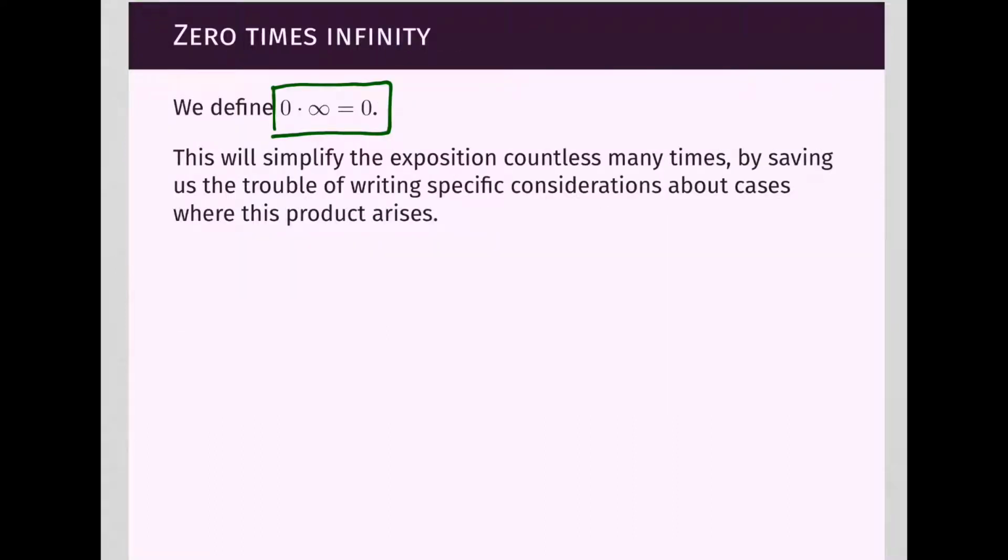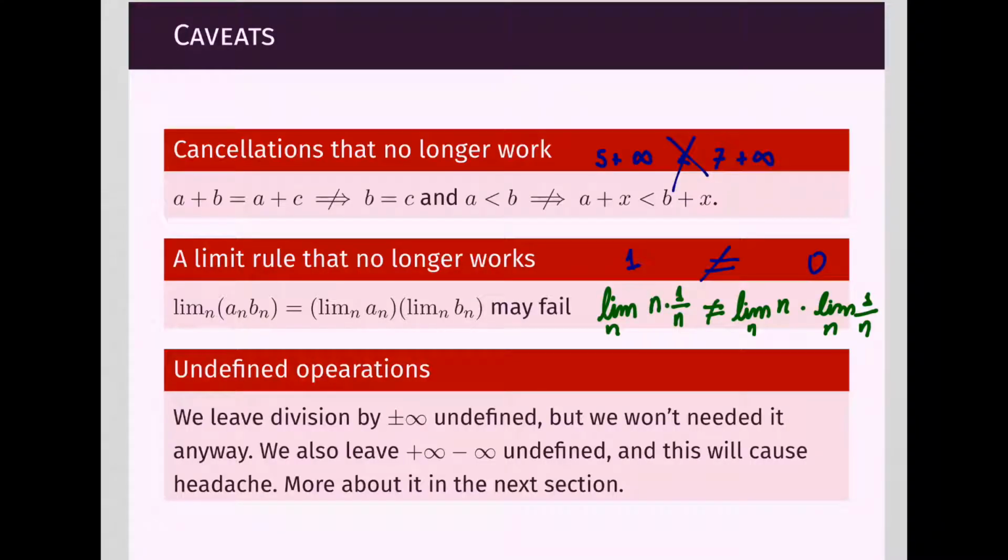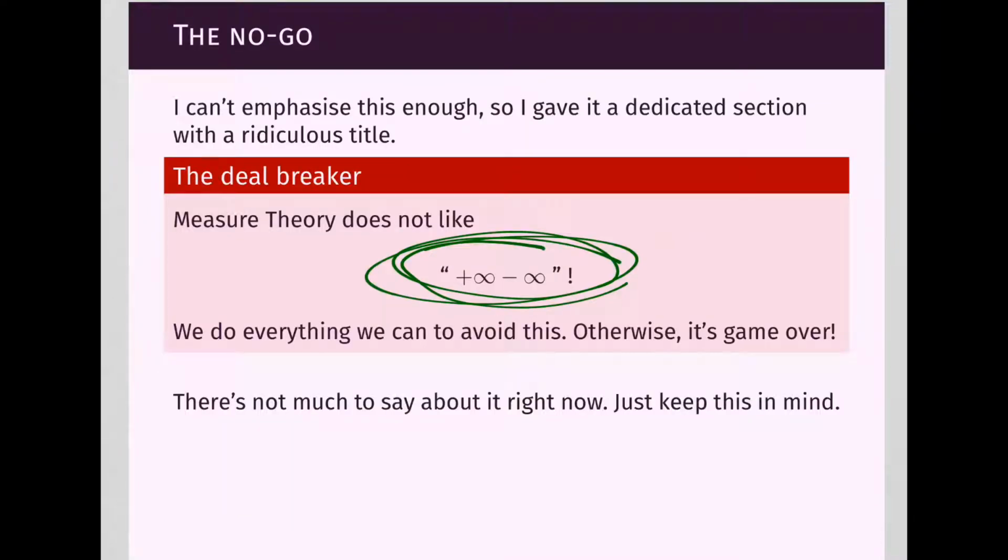We have defined 0 times infinity to be 0 just for convenience, and we have discussed several caveats from the theory, cancellations that no longer work, and some limit rule that no longer works as well. We have emphasized very strongly what we do not want to see in this theory, so now we are ready to move on and discuss infinite sums.